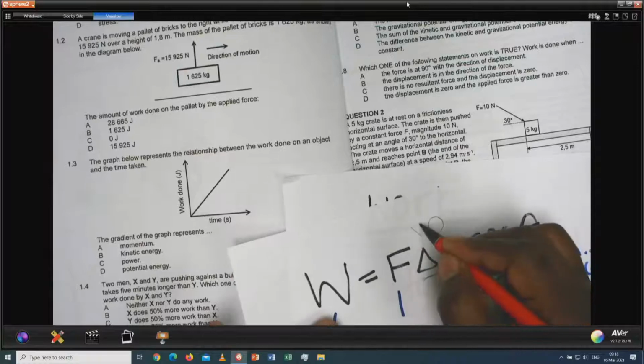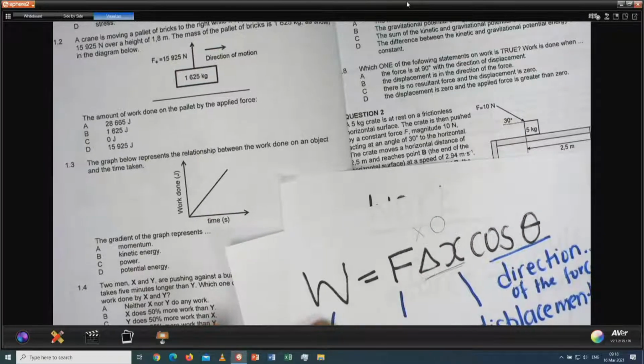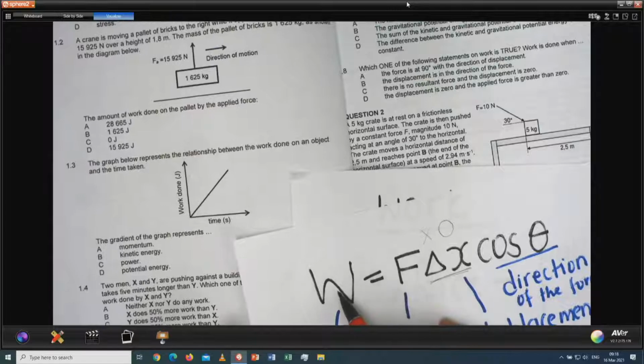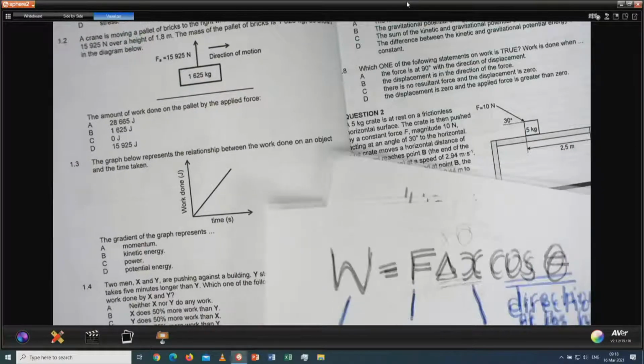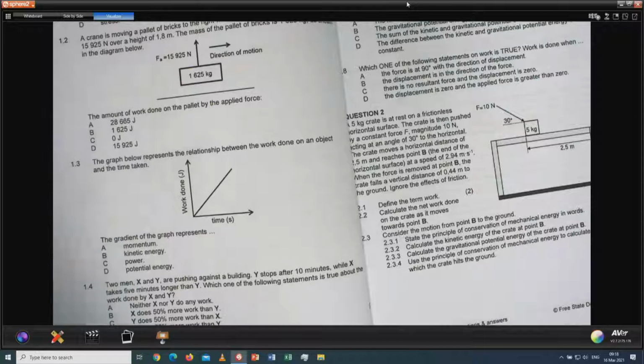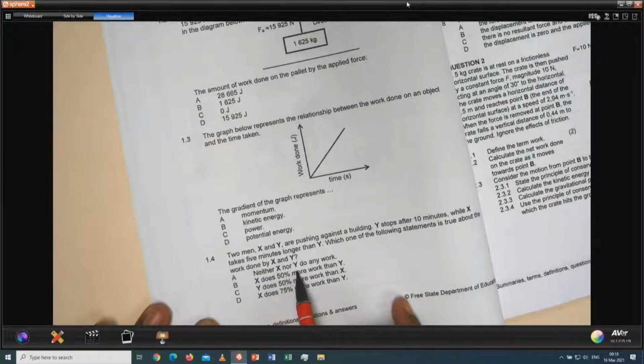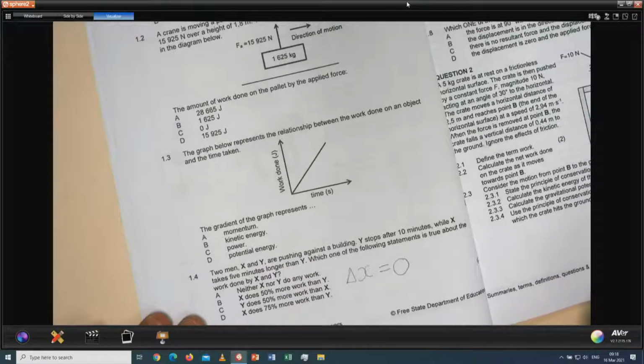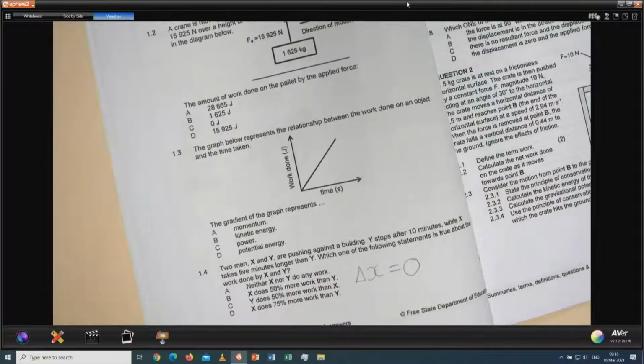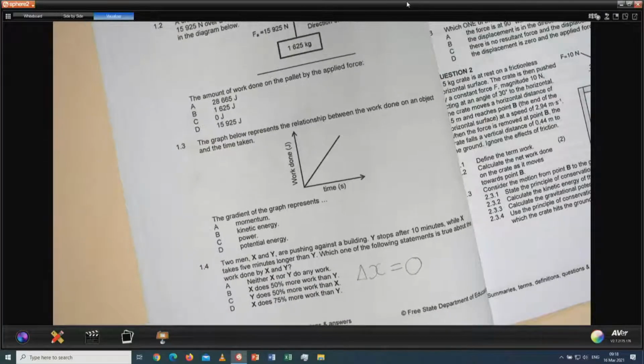Therefore, anything multiplied by 0 gives us 0. So we can say the work done will be equal to 0. And if we look at our options, neither X nor Y is doing any work there. Why? Because the change in the position of the object where the force is being applied is 0. That was 1.4. So the correct option there will be A.